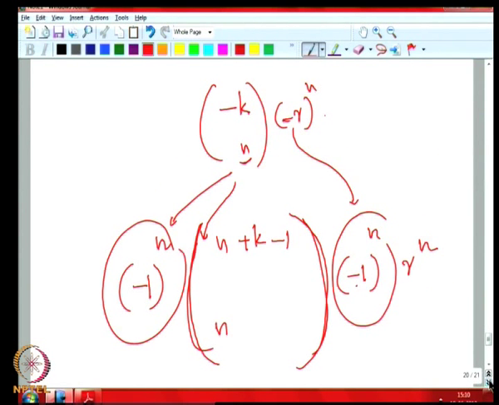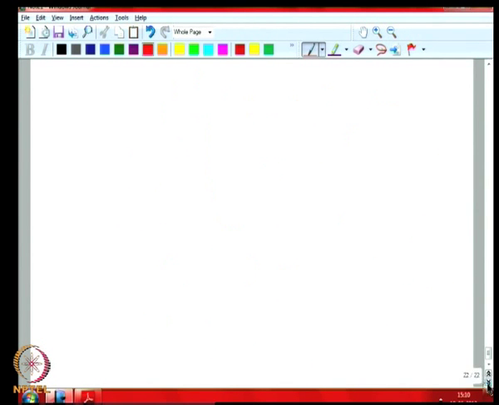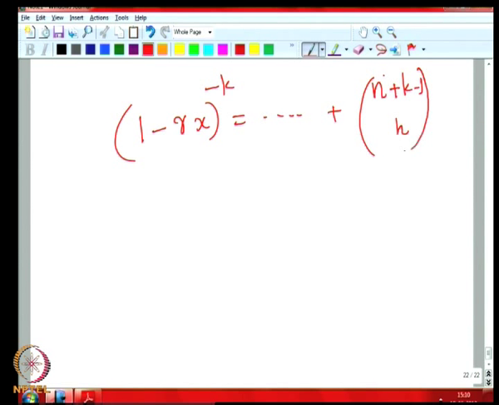So therefore what we see is 1 minus rx to the power minus k is the same as the sum of n plus k minus 1 choose n into r raised to n into x raised to n. This is the general term.